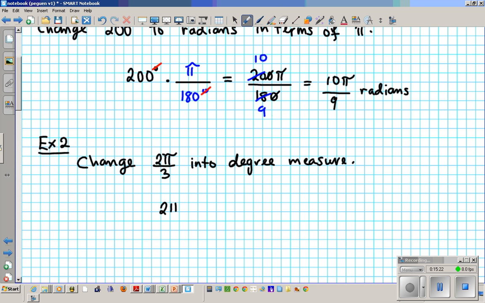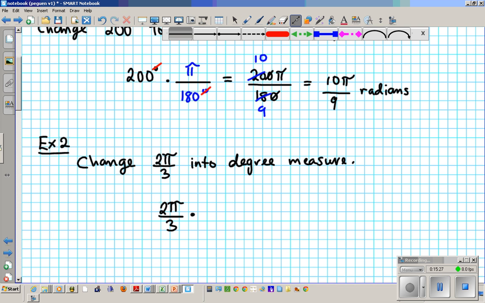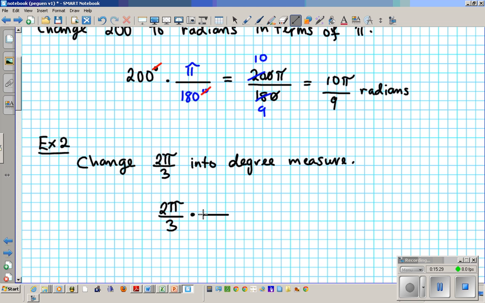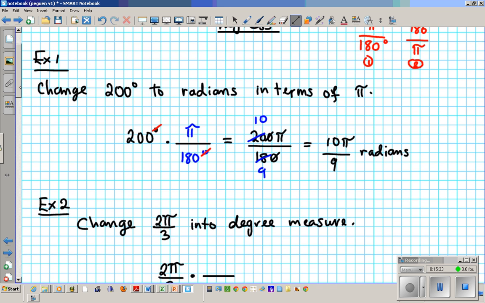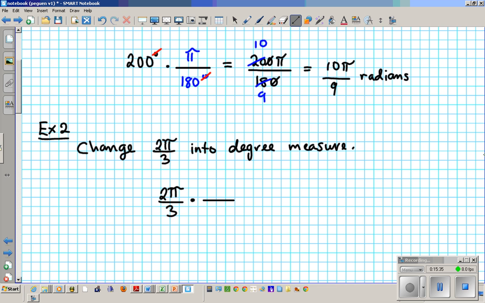So we're going to write 2 pi over 3. We're going to multiply it by a conversion factor that will change it from radians to degrees. So option, what are we picking? We're selecting option 2 because it has pi on the bottom. So we're going to times it by 180 over pi. Does this change the problem? No, because 180 over pi is the same thing as 1, and 1 is a multiplicative identity. Alright?